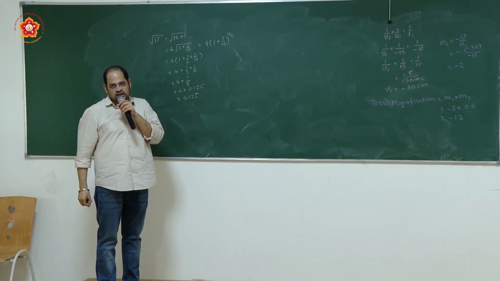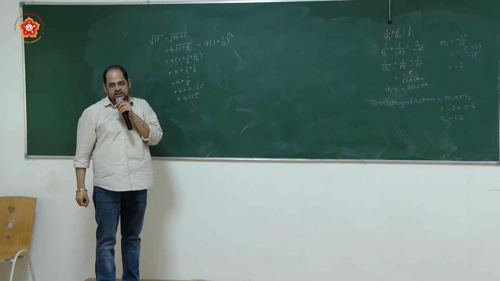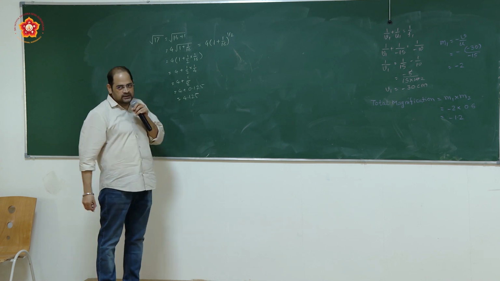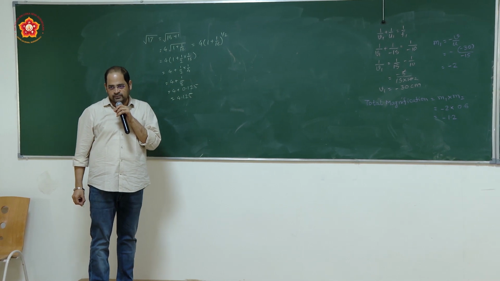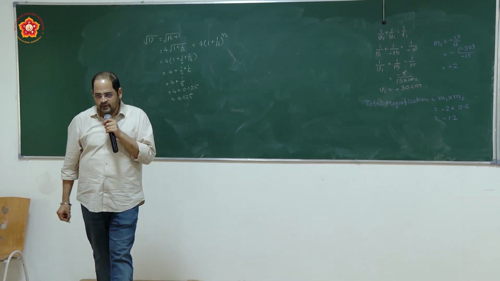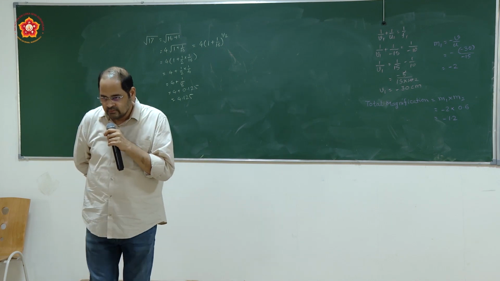So that 1 by 2 is coming from the power, as per the binomial theorem. If you have learnt about the binomial theorem, you will be able to put down that 1 by 2 there. It gives you an approximate answer, but close to the correct value.